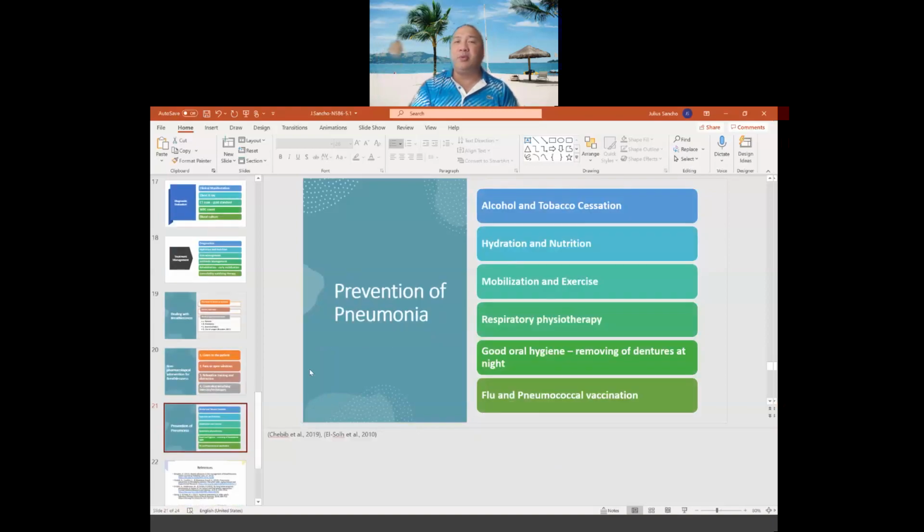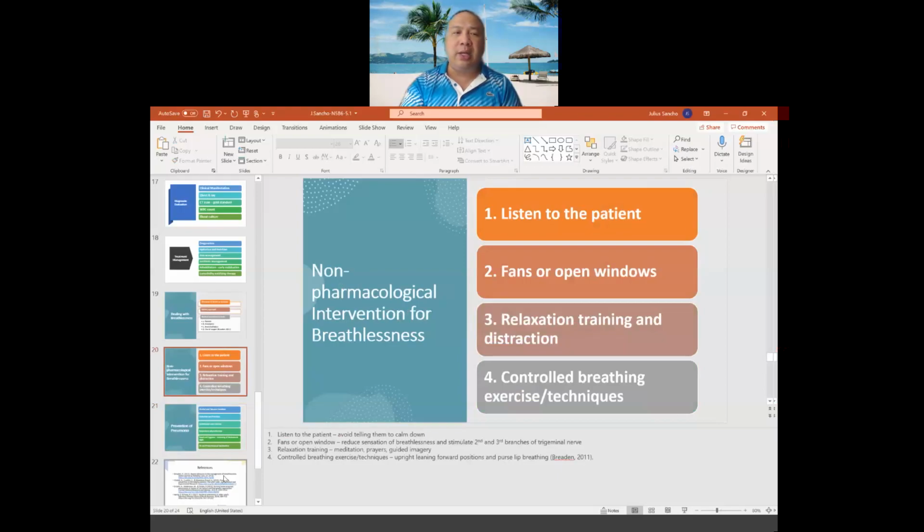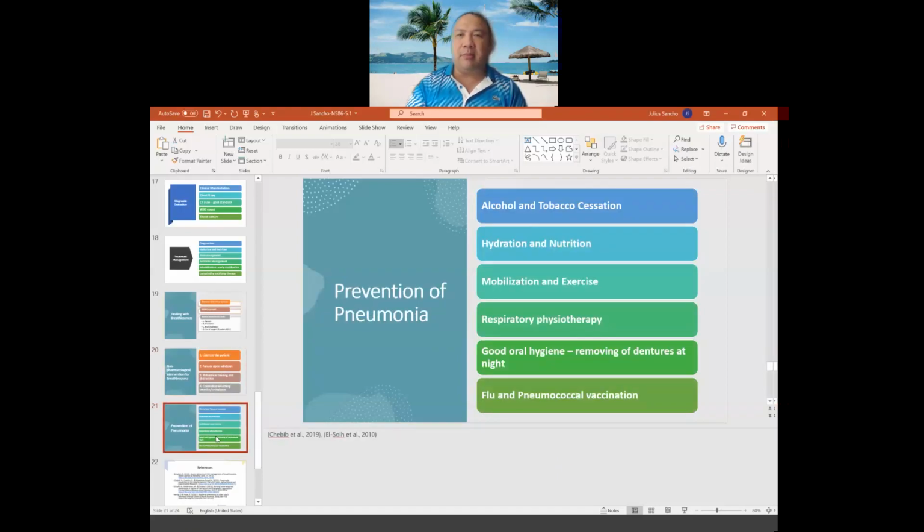And the last topic that we're going to talk about is the prevention of pneumonia. So, how do we prevent pneumonia? With prevention, we have to make sure that there will be tobacco cessation, okay?